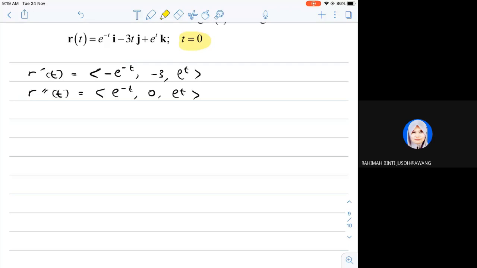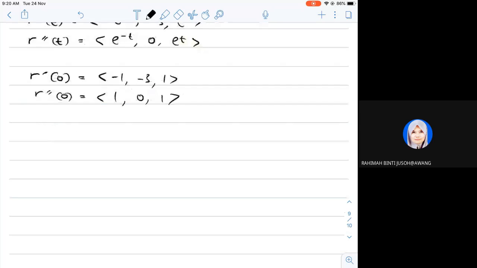So your calculation will be easier because it will involve only numbers. So we will substitute r prime 0. So negative exponent -0, of course, -1, -3, and then 1. And then r double prime 0, we will have exponent -0 again. So 1, 0, 1.